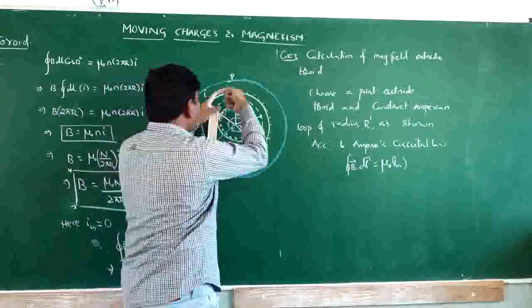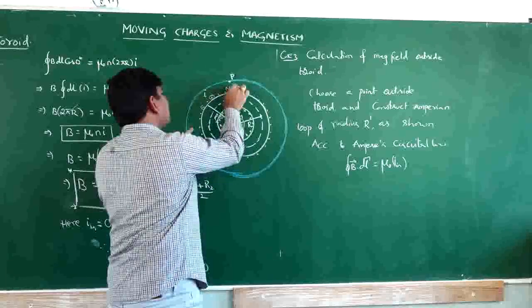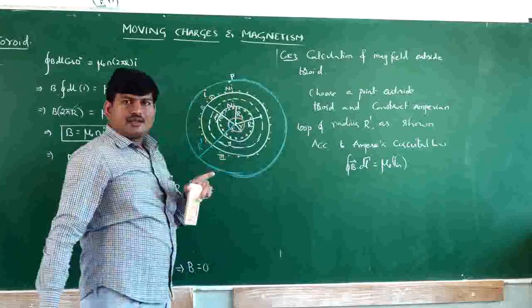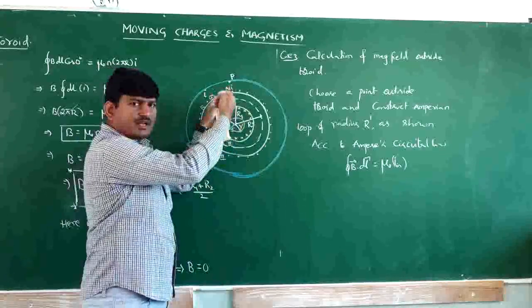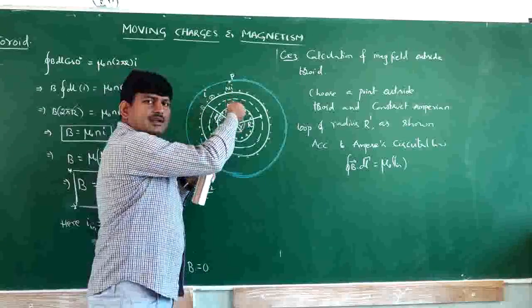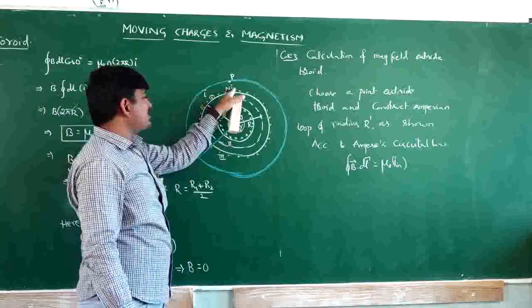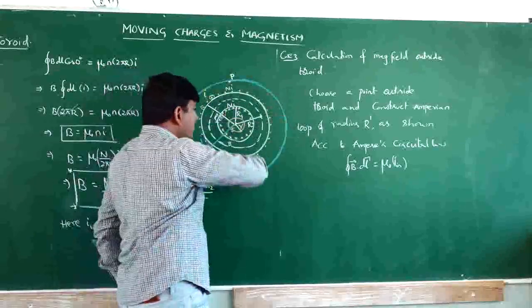Therefore, how many number of turns are there? If N number of turns are there, then N I is the outcoming current and N I is the current going into. Then what is the total current? This is plus N I, this is minus N I. So, what is the total current inside this Amperian loop? 0.